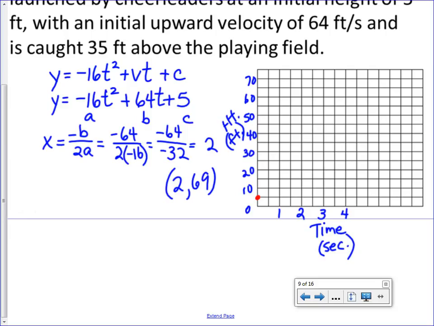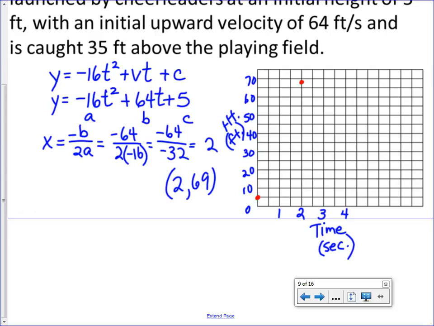All right, we know that at 2 seconds, it is at 69 feet, which would be up here. And then we know that it is caught at 35 feet above the playing field.